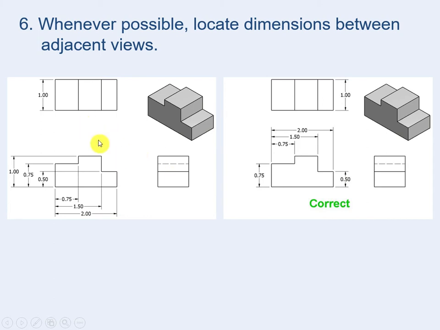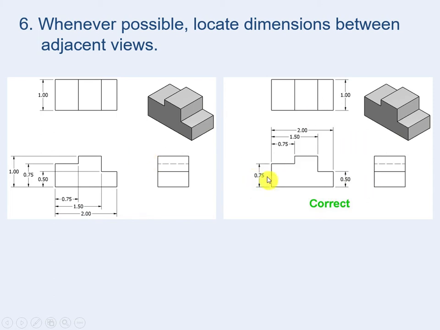Imagine, don't draw, guys, imagine that we have a rectangle like this containing the multi-views and dimensions. Avoid putting dimensions outside this rectangle. Keep them inside this rectangle between the views whenever possible. We have exceptions, yes, but in general, keep them between the views. So the 1, 0.75, 0.5, 0.75, 1.5, 2, all of them should be between the views, like this.